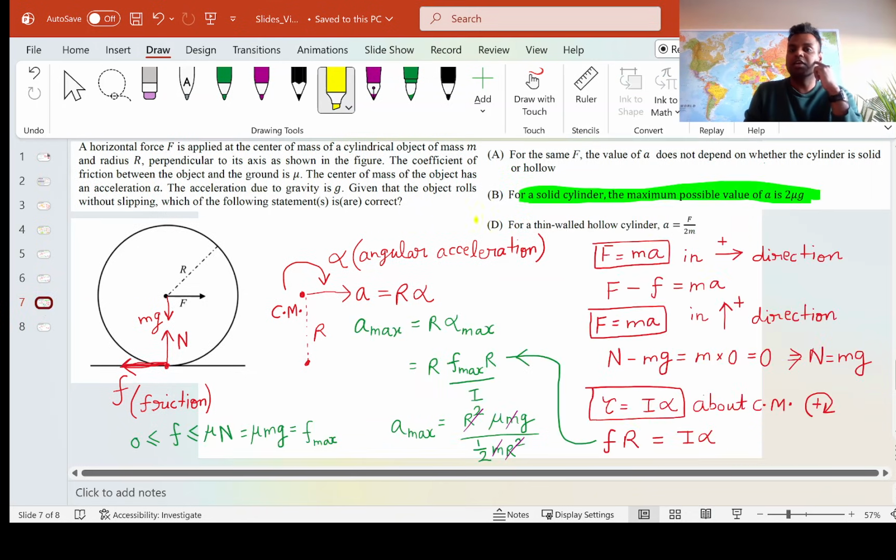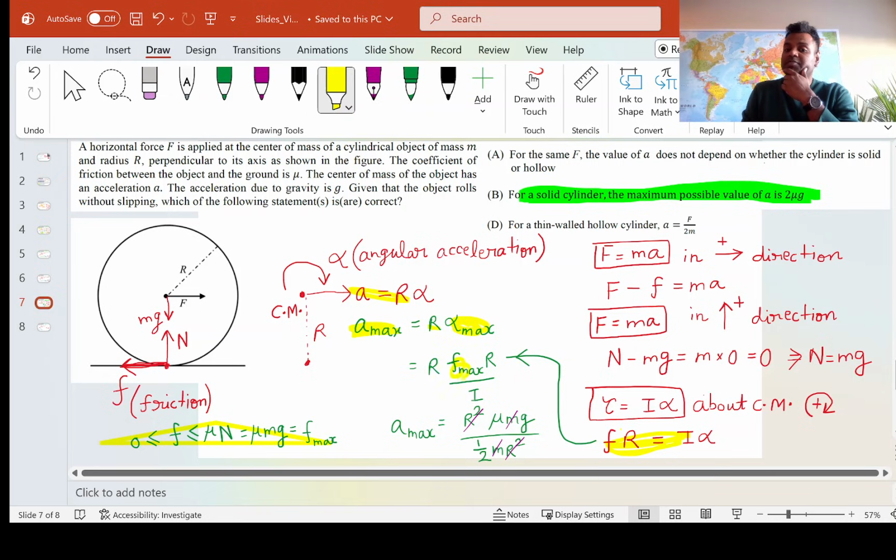Then here, for a solid cylinder, the maximum possible value of A is 2 mu g. So now you have to think about how the friction force is not constant. It is between 0 and a max value. So from this equation, A maximum value can be R alpha max, angular acceleration max, and from here you get alpha is Fr by I, and F is the friction force.